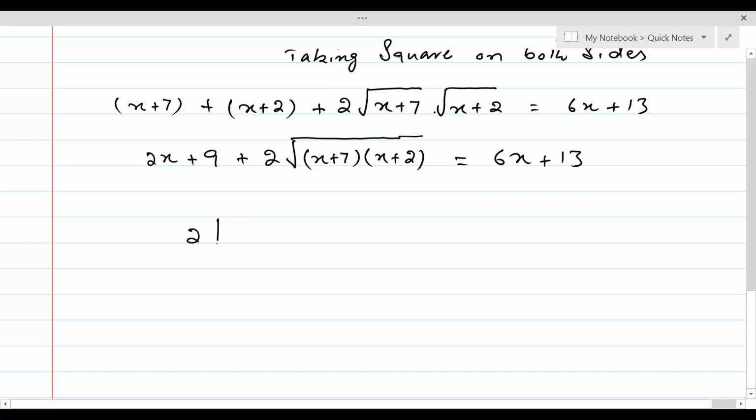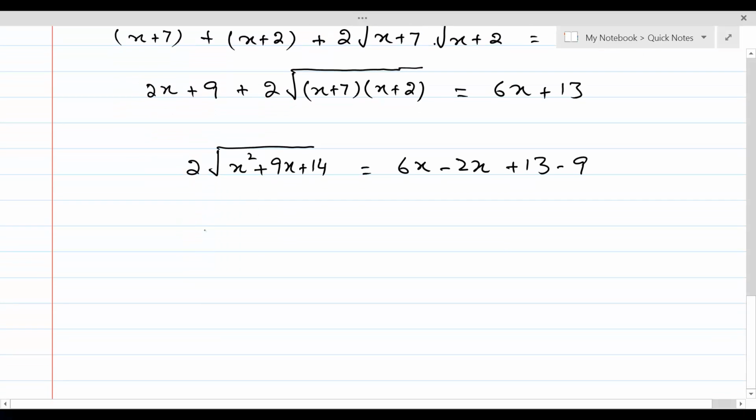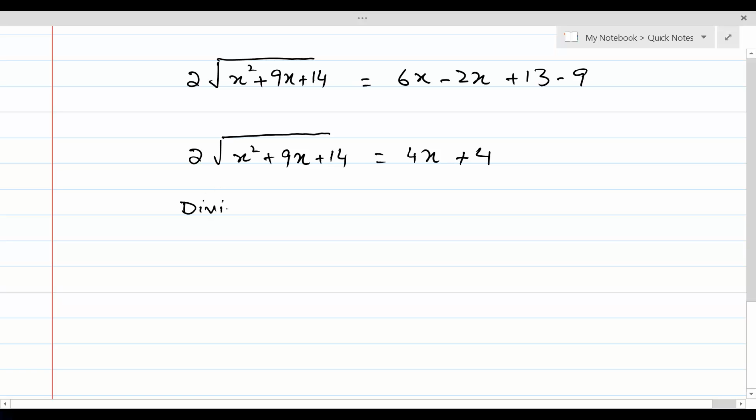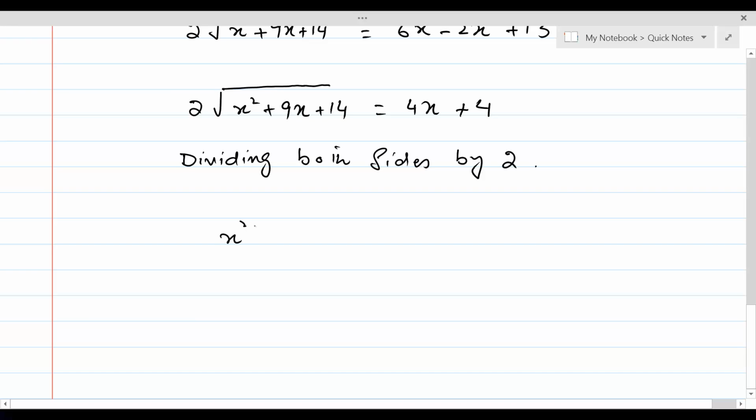So this will give us 2 times square root of x squared plus 9x plus 14 equal to 6x minus 2x plus 13 minus 9, and this is 2 times square root of x squared plus 9x plus 14 equal to 4x plus 4, and now dividing both sides by 2, what we get is square root of x squared plus 9x plus 14 equal to 2x plus 2.